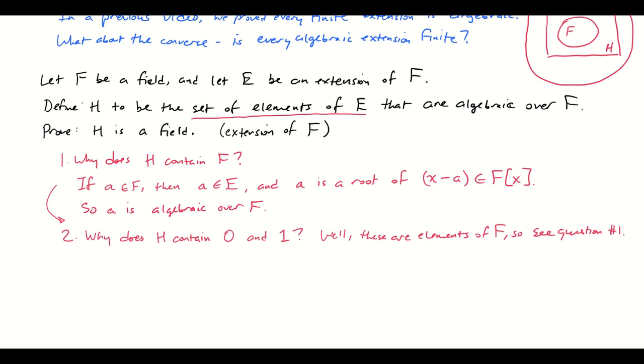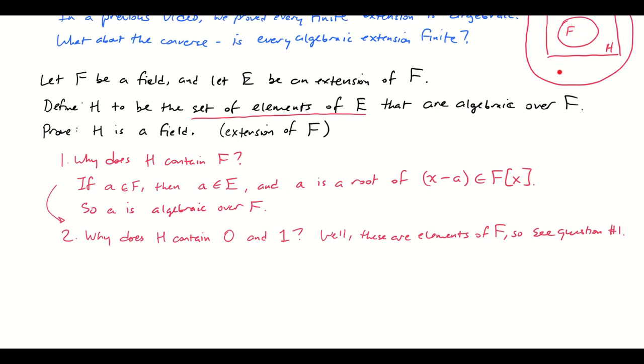Now one little nitpick that you might make here is, how do we know that 0 and 1 as elements of the extension field are the same as the 0 and 1 in F? The reason that's true is because we already know that there are elements 0 and 1 belonging to F itself.